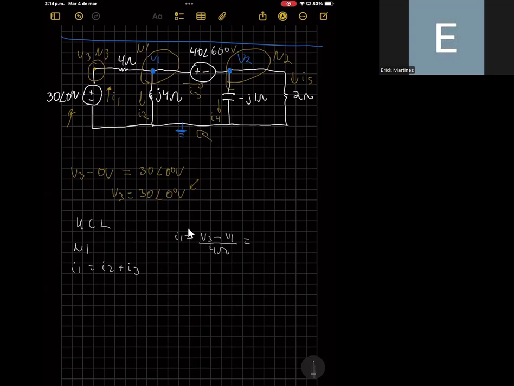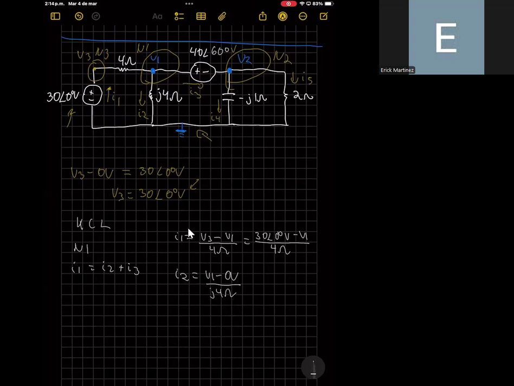Okay, but we know the value of V3, that is 30 with an angle of 0 degrees volts, minus V1, and this is divided by 4 ohms. Also we can compute I2, that is equal to the difference in voltage between node number 1 and the reference node, that is V1 minus 0 volts divided by j4 ohms.